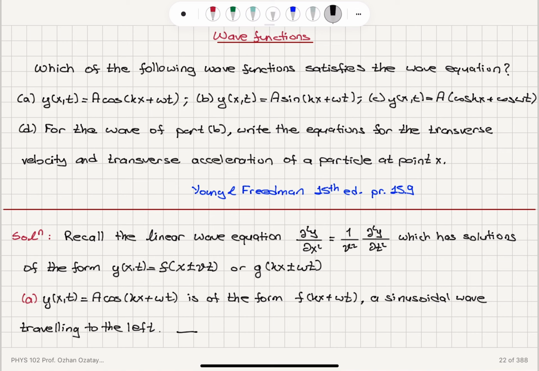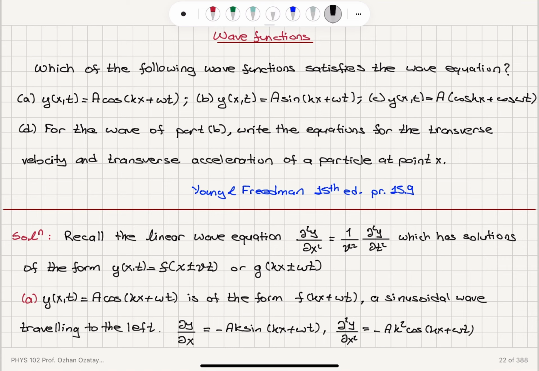So if we write ∂y/∂x, the partial derivative with respect to x, this gives us −Ak sin(kx + ωt). The second derivative, ∂²y/∂x², is equal to −Ak² cos(kx + ωt).